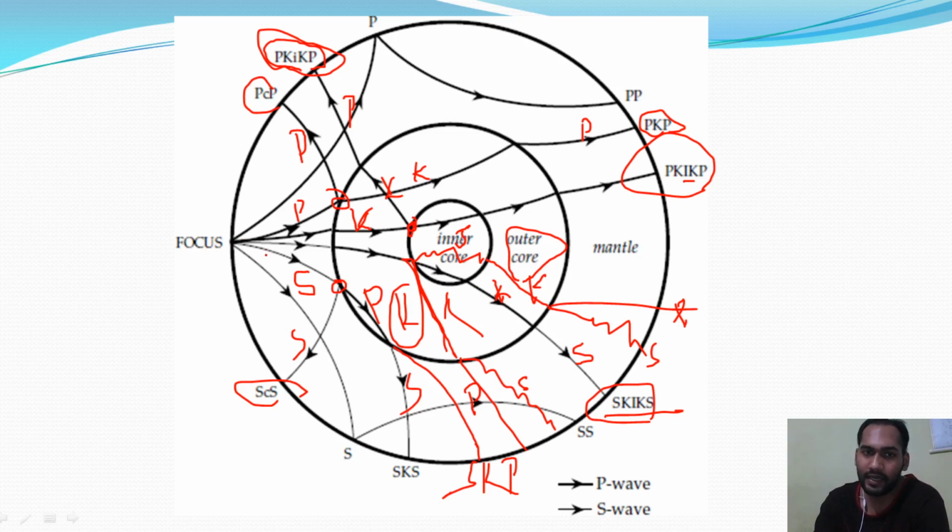Or SKJKS means S in the mantle, P in the outer core, S in the inner core, P in the outer core, S in the mantle. So that is SKJKS, right? Or it will be, sorry again for the writing here, SKJKP, right?